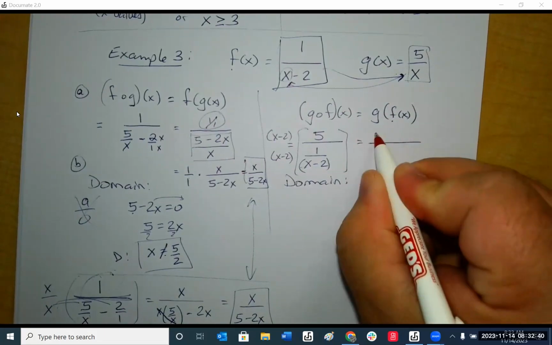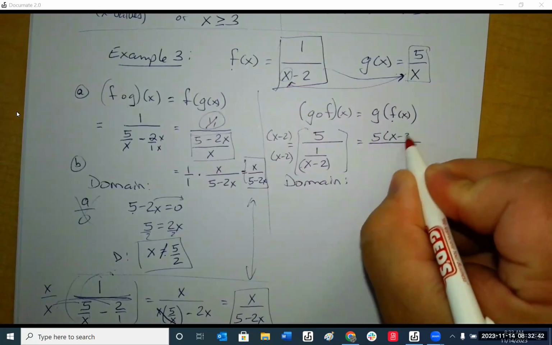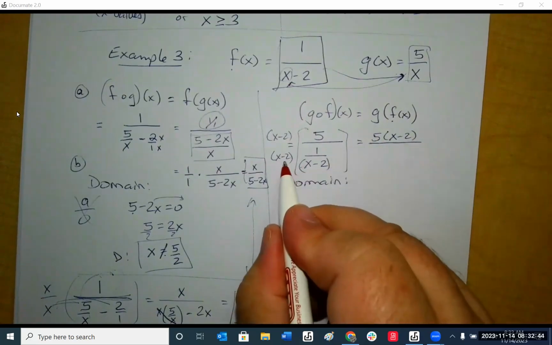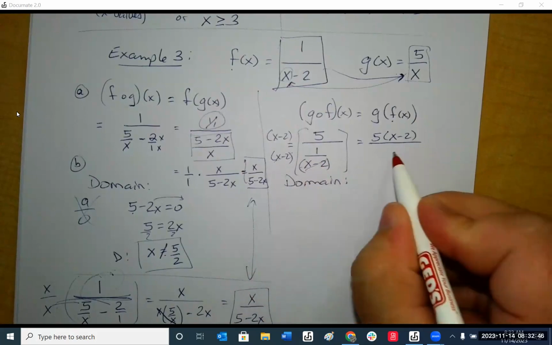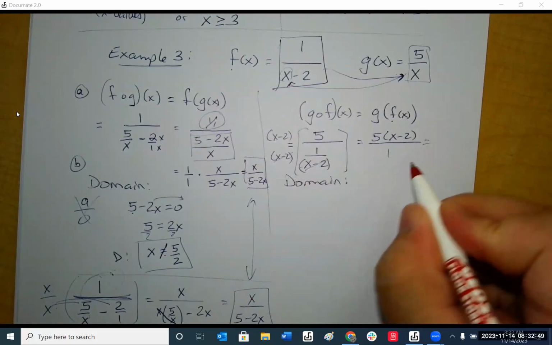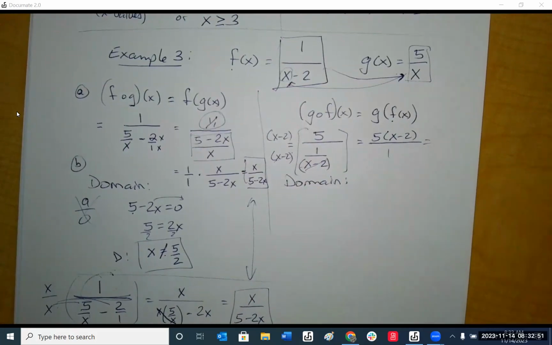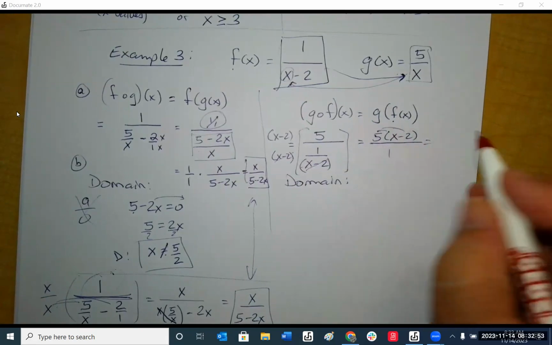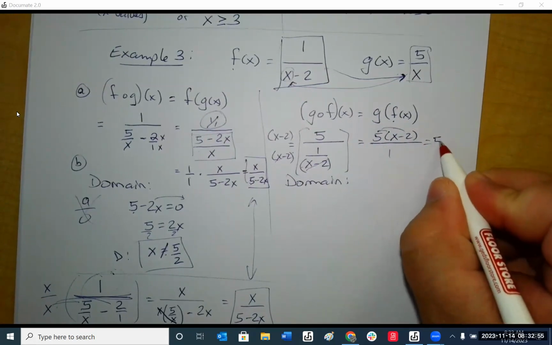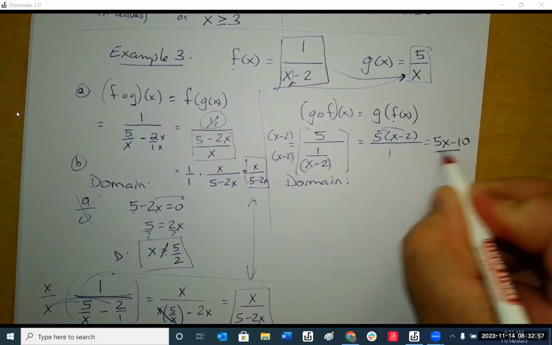On top, I have 5 times x minus 2. And on the bottom, the x minus 2's cancel, so I just have 1. It's just going to be 5 times x minus 2. So I distribute those. I get 5x minus 10.